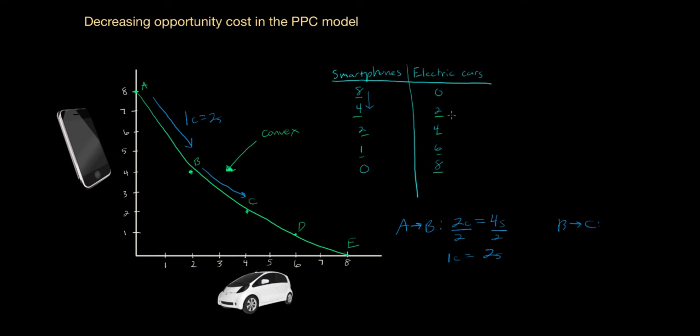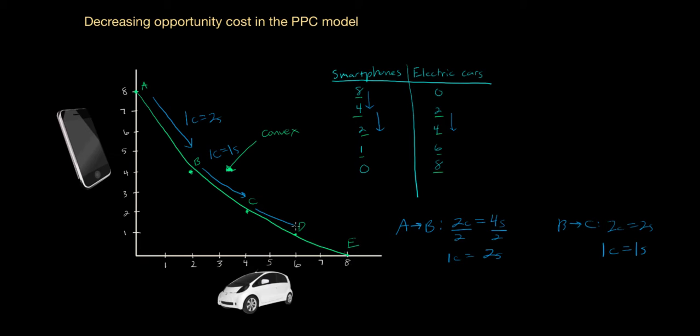From B to C, the country gained 2 more electric cars, and in this case it gave up 2 smartphones. So 2 cars cost 2 smartphones. That's a cost of 1 smartphone per car. So from B to C, 1 car costs 1 smartphone. The opportunity cost of cars in terms of how many smartphones are given up has decreased.